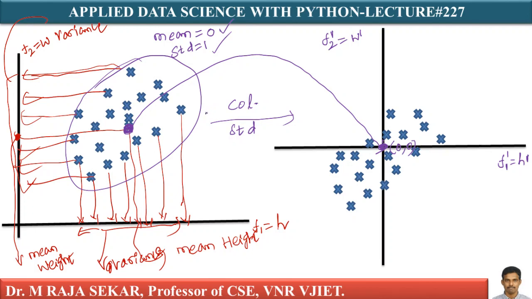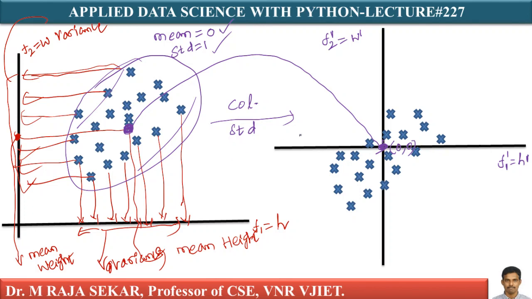I also squished these points. I also compressed these points. The first thing I did was move my mean to the center, to 0, 0, and then I am squishing these points, otherwise compressing them, so that the variance or standard deviation is 1.